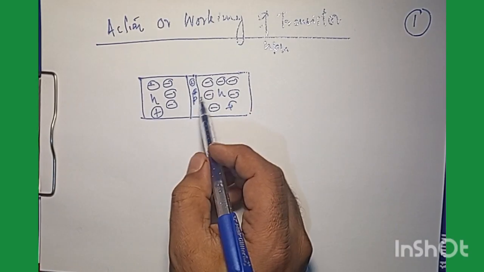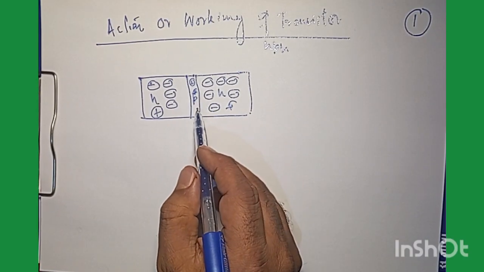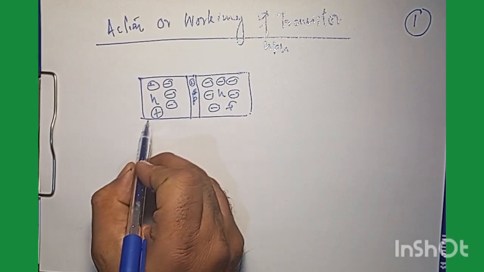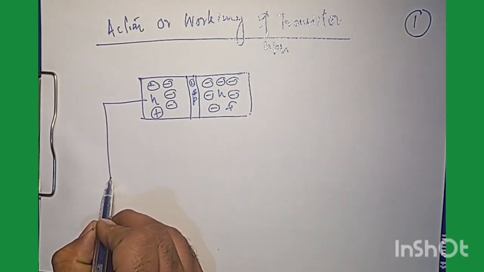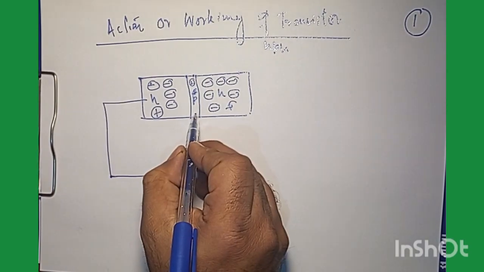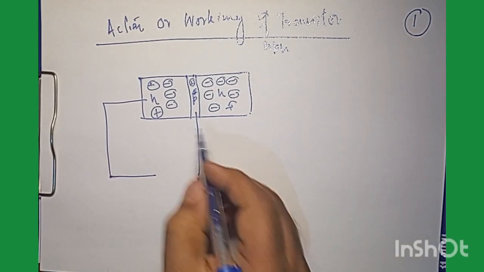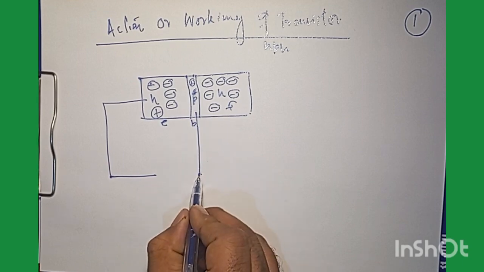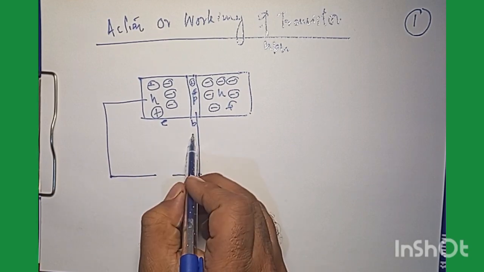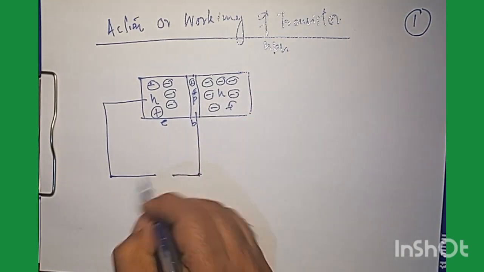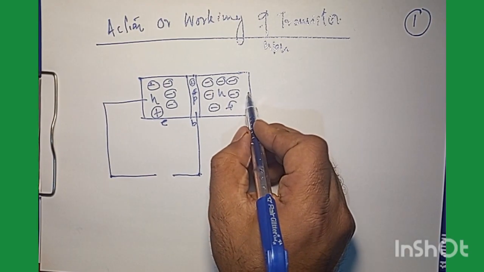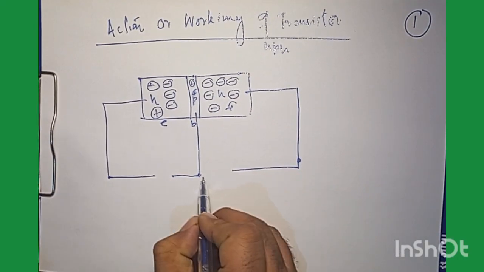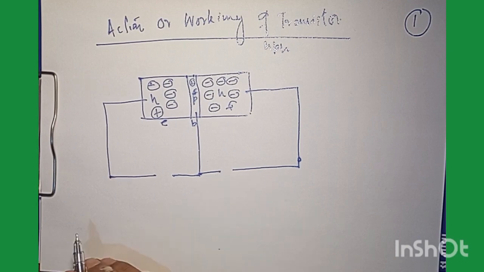Now we can see that we have an NPN transistor, right? We have the emitter here, and here we have the base. So this emitter-base junction should be forward biased, and this is my collector, and this collector-base junction should be reverse biased.